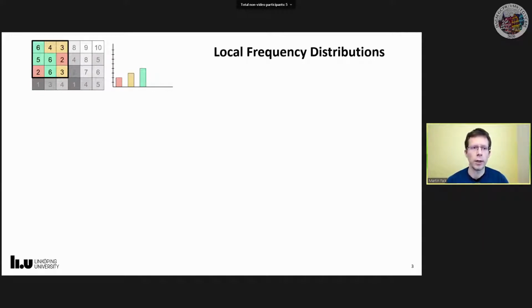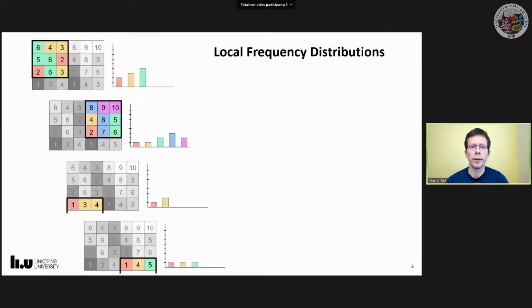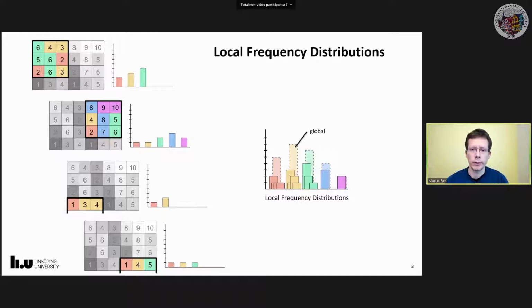Here we have the upper left quadrant, upper right, and so on. As you can see, they're already quite different. If we overlay them in a histogram and compare them to the global histogram, you will see quite significant differences.